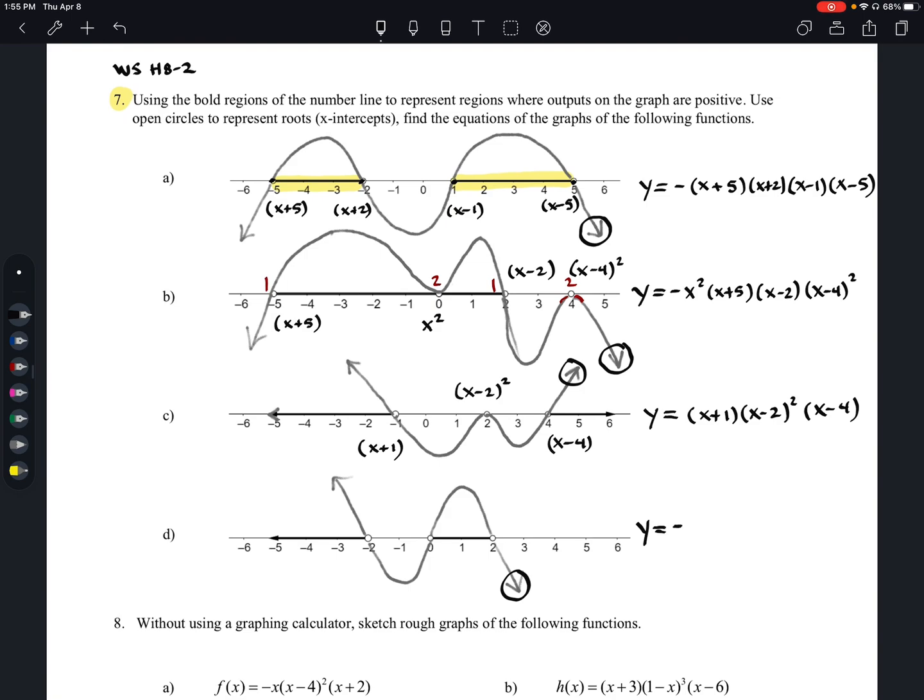And then it looks like we have 3 single roots. We've got an x plus 2 as a factor, we have an x as a factor, and we have an x minus 2 as a factor. I like to put my x's first because they're monomials, and then I'll put everything else after. So there are the answers for problem 7, A, B, C, and D from worksheet H8-2.